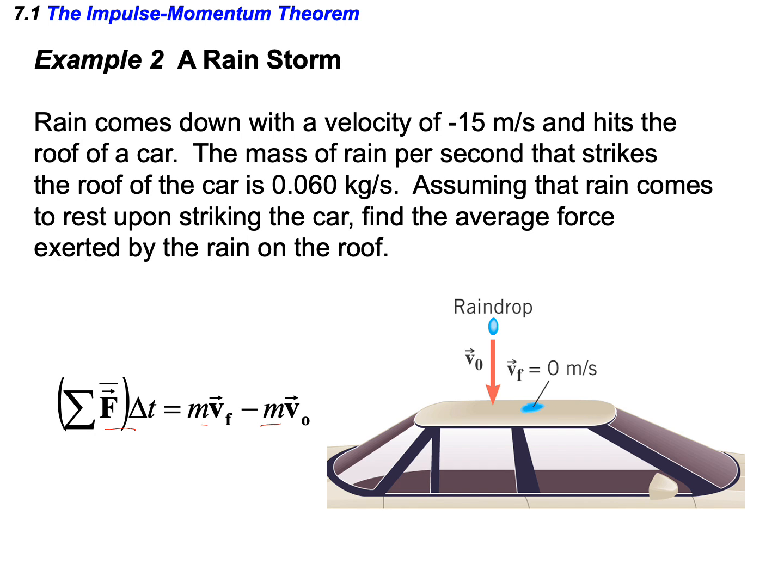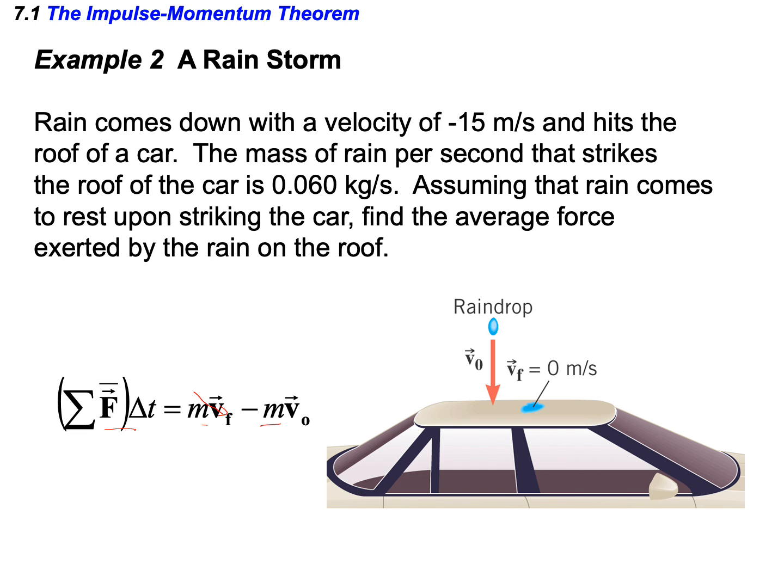When it hits, it flattens and there is no bounce back. So the final velocity of the raindrop is 0. In this equation, this term is the mass of the raindrop times the velocity of the raindrop after it bounces back. Since it's not bouncing back, this term is 0.